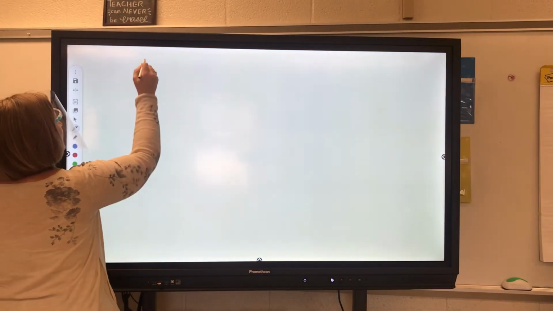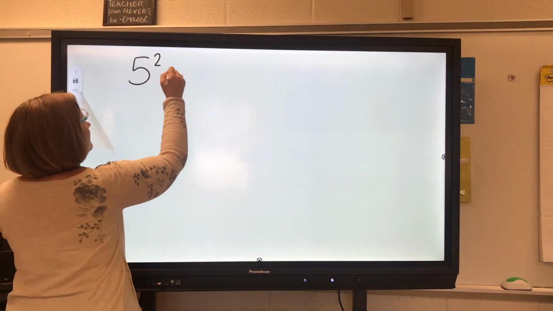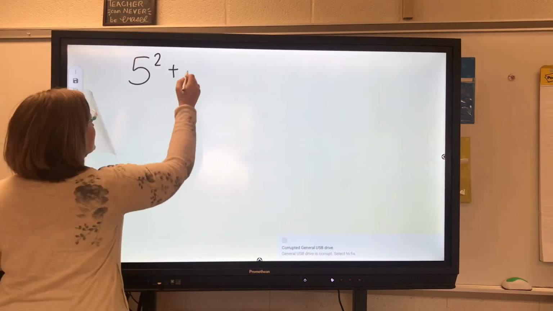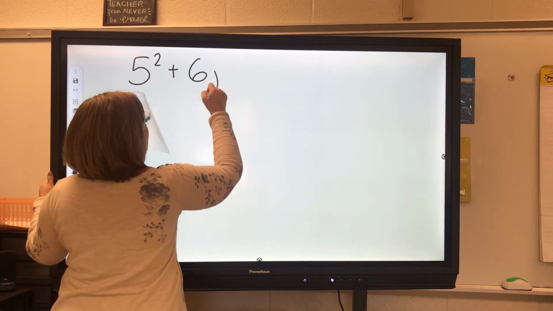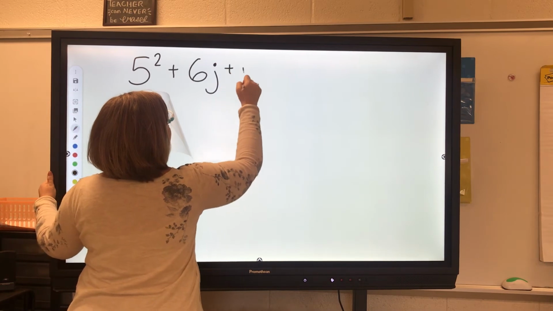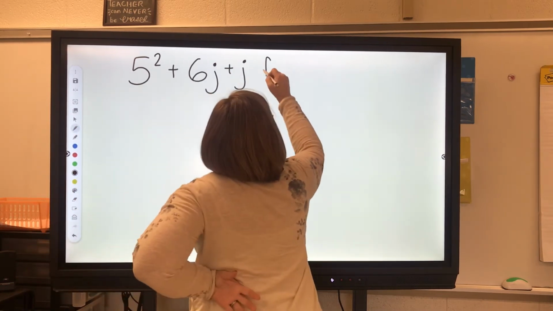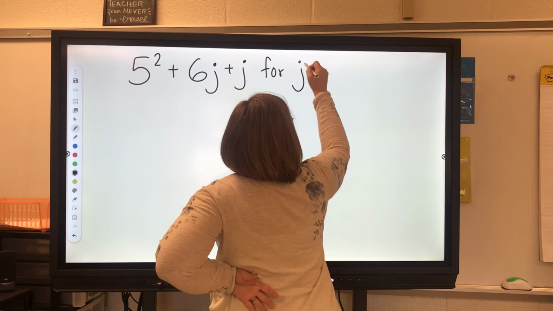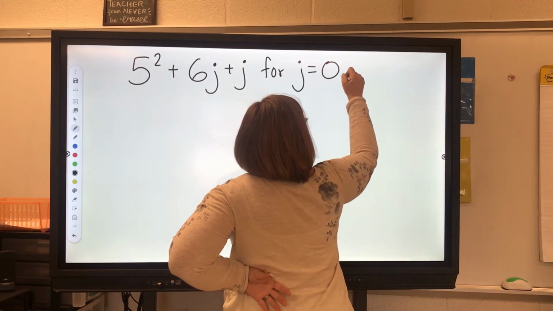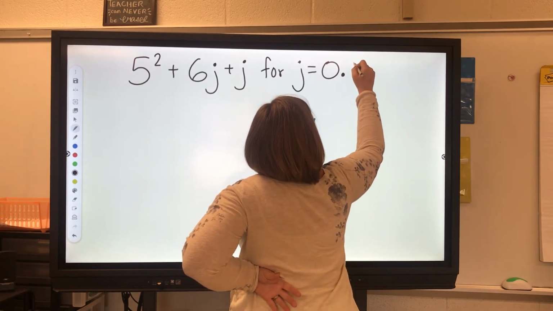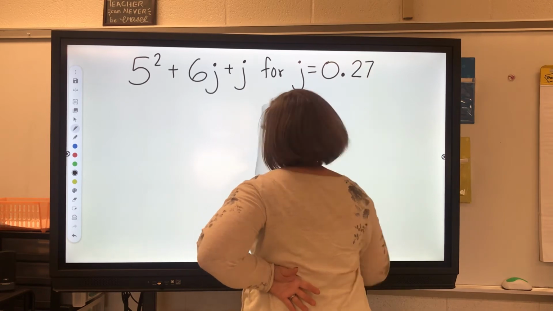I'm going to write it here just to give myself a little bit more room. We've got 5 squared plus, what's the next one? 6 times j plus j. 4j equals what? 2700.